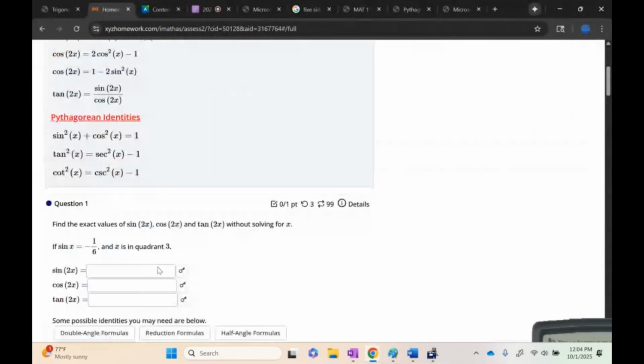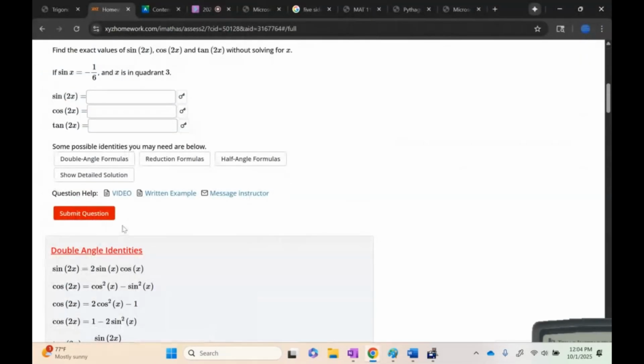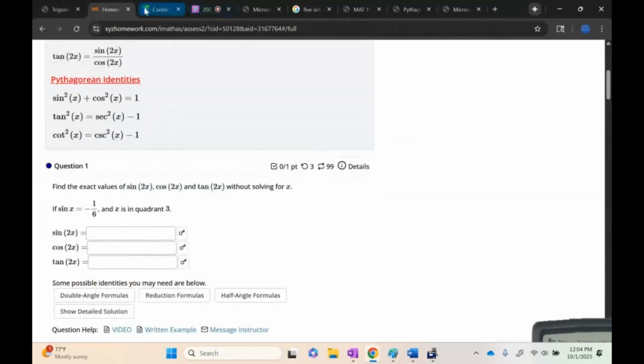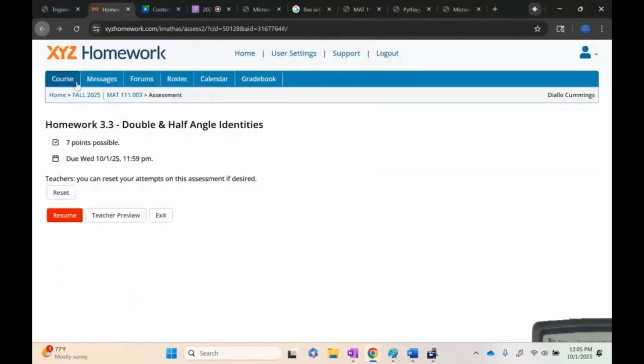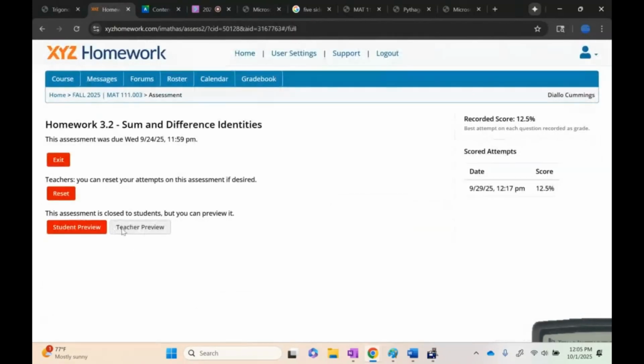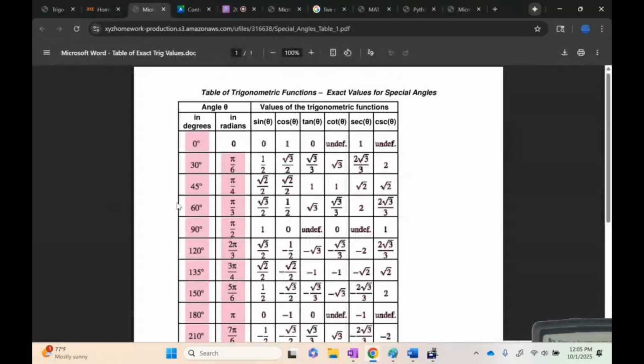I thought they would give it to us. I'm just going to pull up the function values in 3.2. I don't know why they didn't put these in section 3.3. But I'm going to pull this up to find the cosine of 30 degrees.